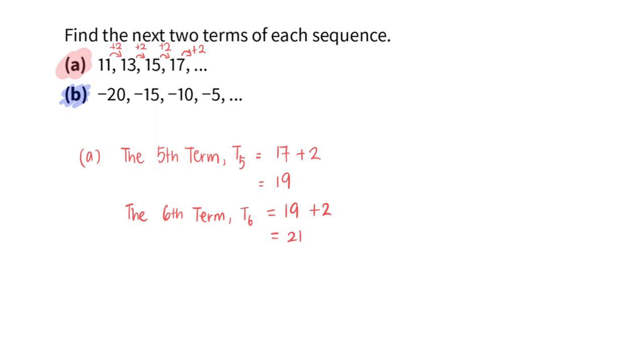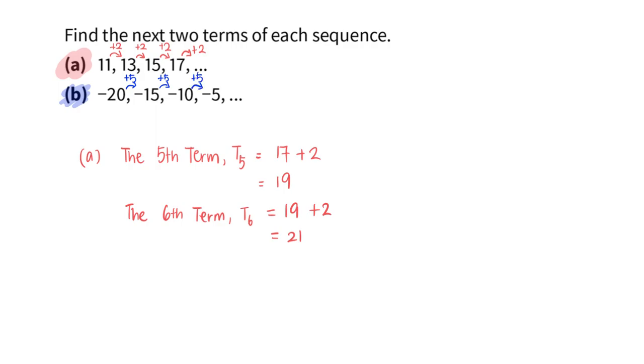Well, for part B, do observe that in the sequence that is given, we are actually adding 5 to the previous term. Negative 20 plus 5 is negative 15. Negative 15 plus 5 equals negative 10.